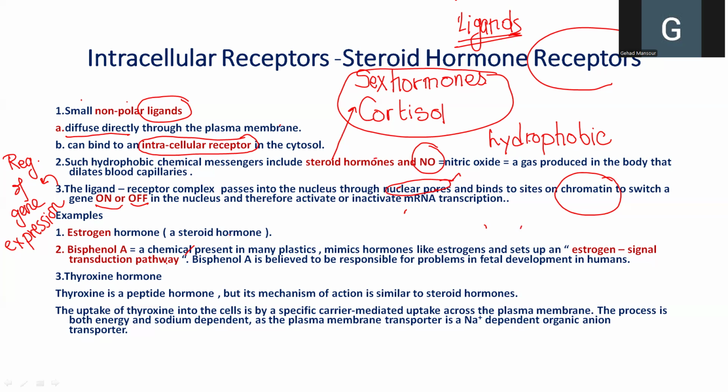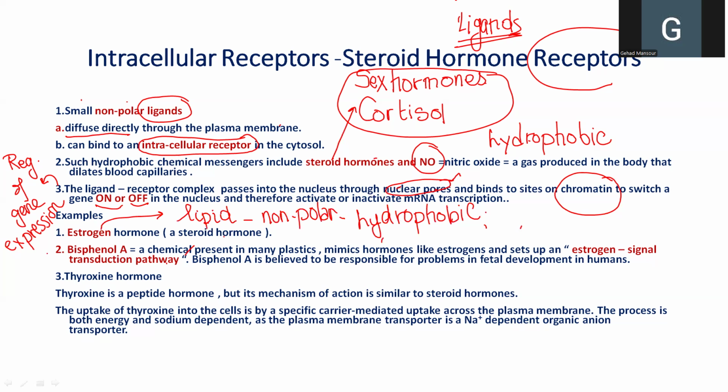Of course, we know that one of the major examples is the estrogen hormone, just because the estrogen hormone is a lipid hormone, and therefore it is a steroid hormone. It is a non-polar hormone, and it is a hydrophobic hormone. Similarly, the male hormones, which are the androgens.